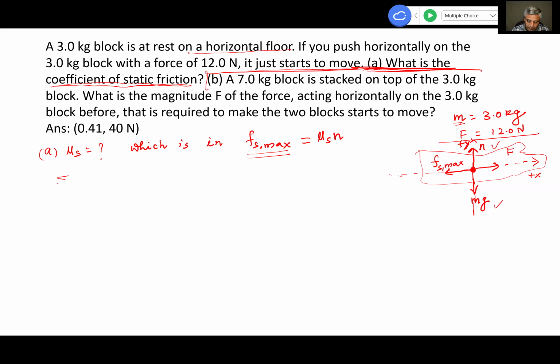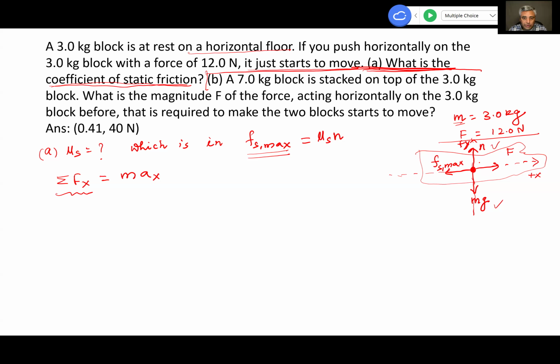So the sum of forces along the horizontal direction is equal to mass times acceleration in that direction, right? I always first write the main equation that you can actually locate in the equation sheet, okay? Now this is the sum of forces along the x direction, or horizontal direction. So can you count and type how many forces are there in the horizontal direction in this free body diagram?